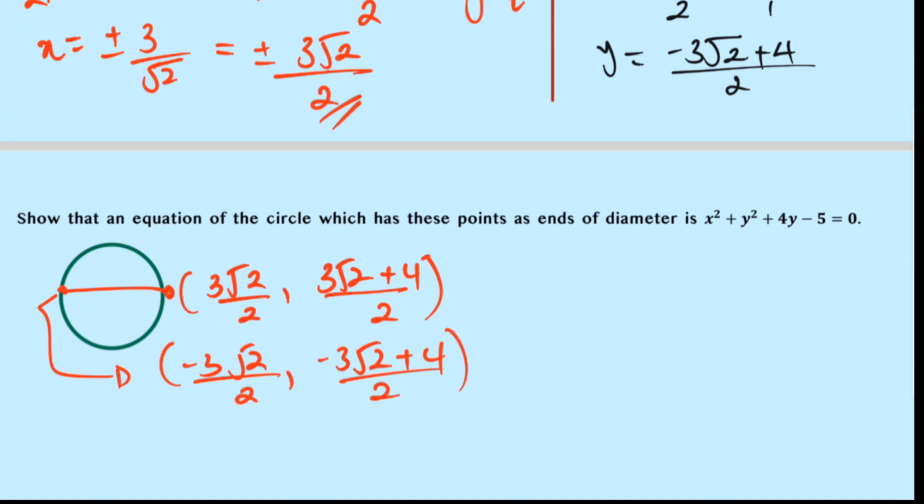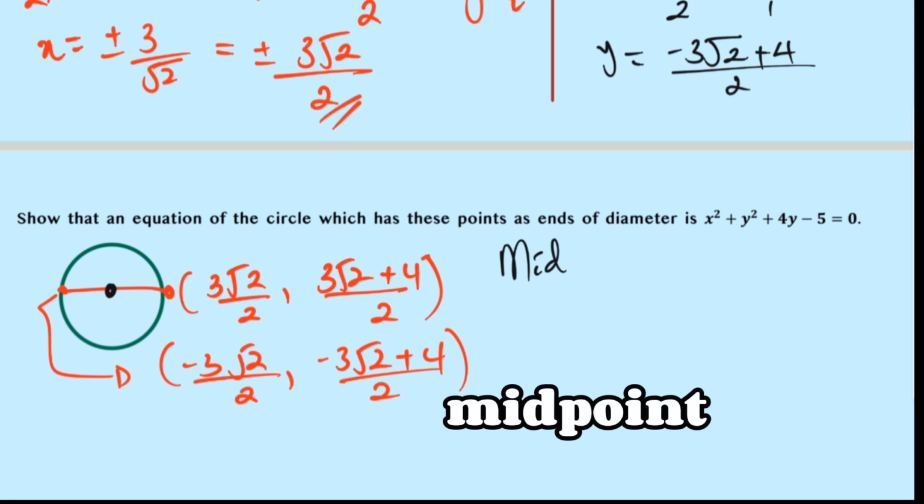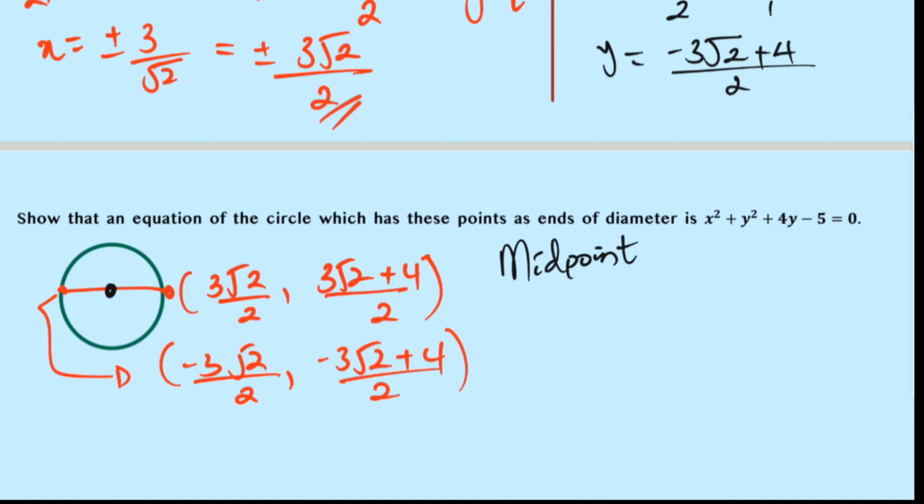So for us to find the equation of a circle which has endpoints as diameter, we first of all need to look for the center, which is the midpoint. And then what else do we need? We need the radius.